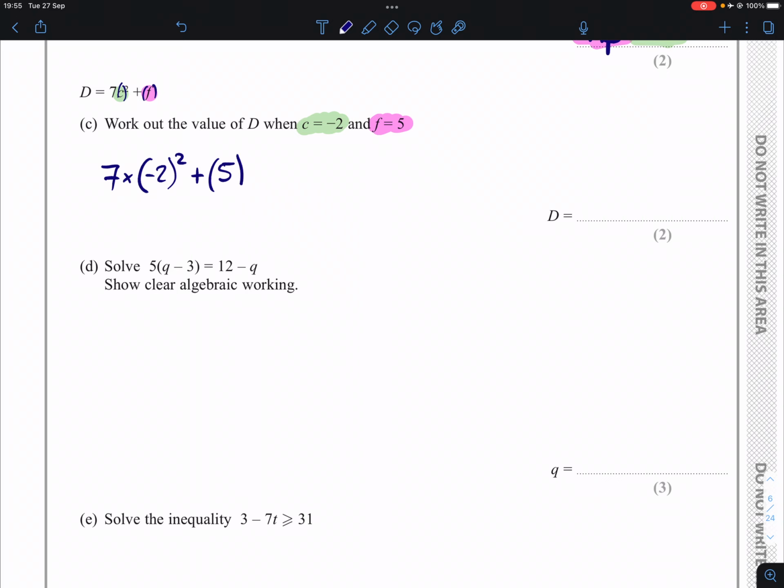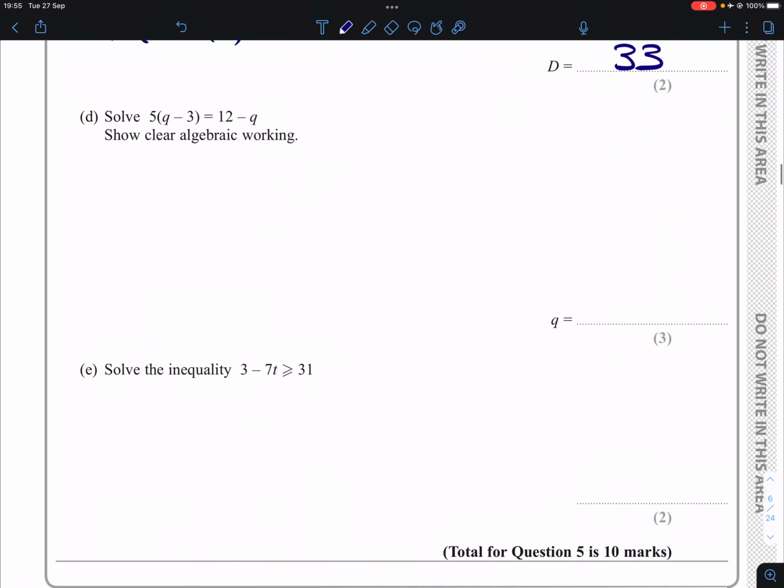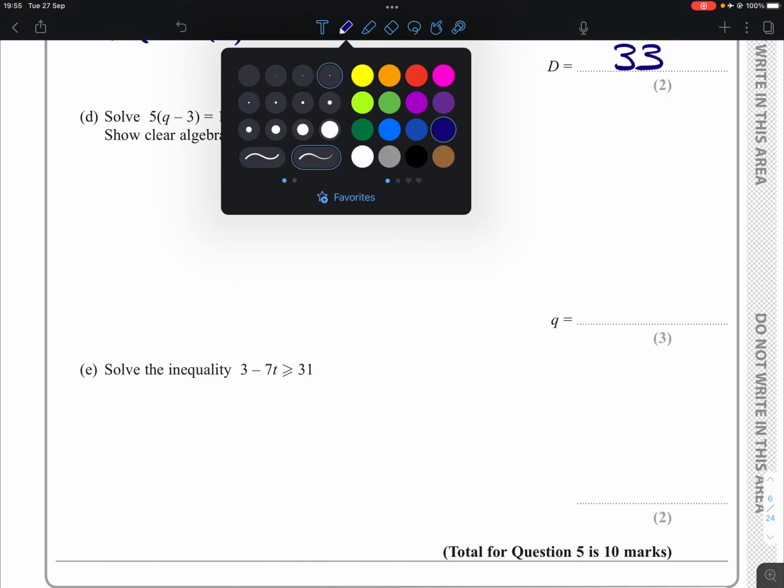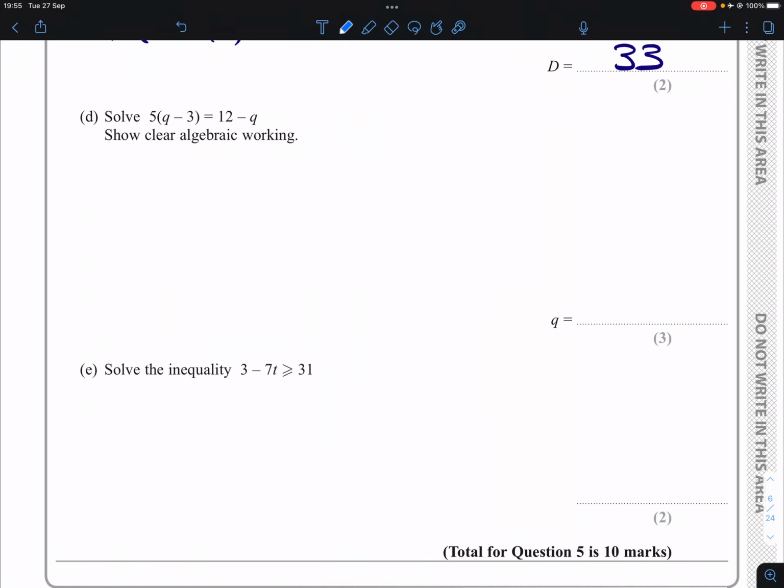You technically don't have to when you're subbing in positive numbers, but if you put them in brackets as well, then you'll be in the habit of always putting brackets, which for negative numbers, you want to be in that position. And we can then just plug that into the calculator exactly as we see it, and we're going to end up with 33.